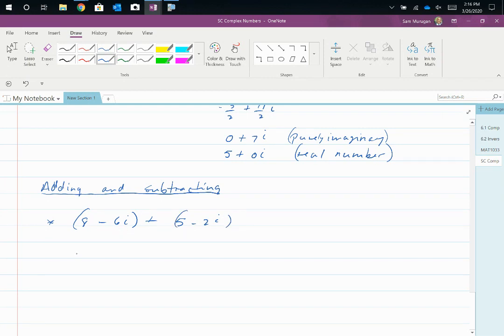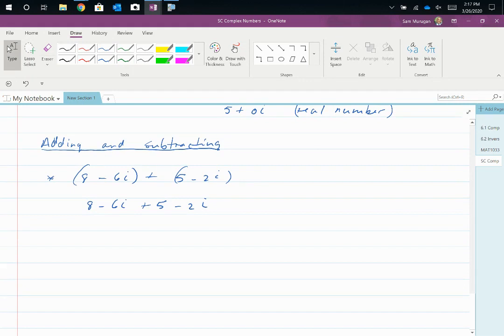If we remove that plus sign, this becomes 8 minus 6i plus 5 minus 2i. So here we've got 8 and 5, 13, and then negative 6i plus negative 2i is negative 8i. This is our complex number.